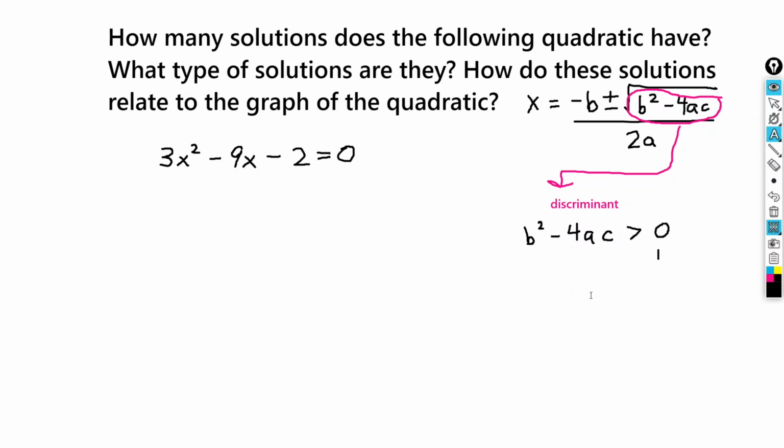So what you're left with is two real solutions. And these two real solutions represent the two x-intercepts of the parabola. So these solutions, when you figure out the quadratic formula with this, will be where the parabola intersects the graph.